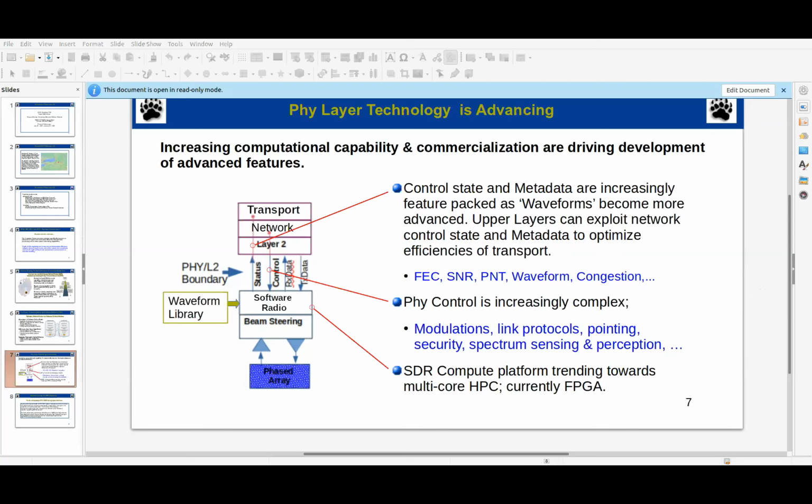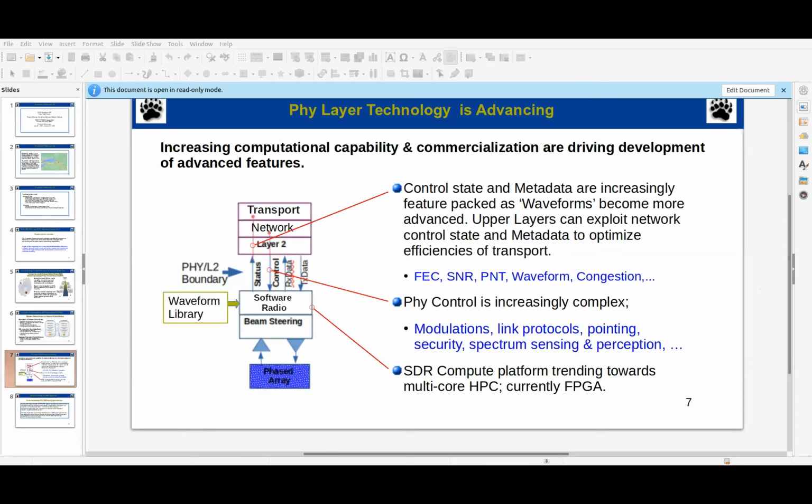So our focus has been on what we can do with software radio to facilitate things in DTN. Okay, I missed half of your talk, so I'm just going to start with this slide. There's a lot of control that can potentially go on between the software radio and the network layers above.